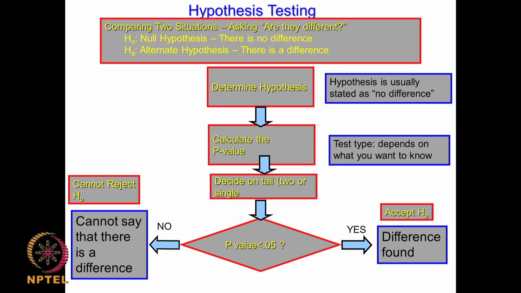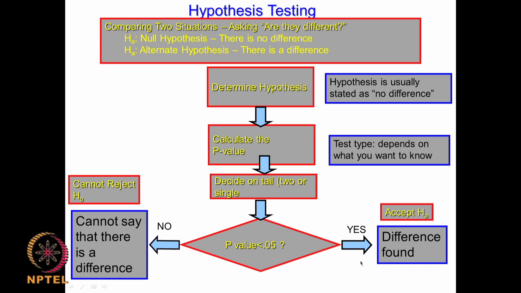Once I decide on the type of hypothesis, whether it is a single-tail or a two-tail test, and the p I want to look at, then I calculate using different tests something called t, and from there I calculate the p value.